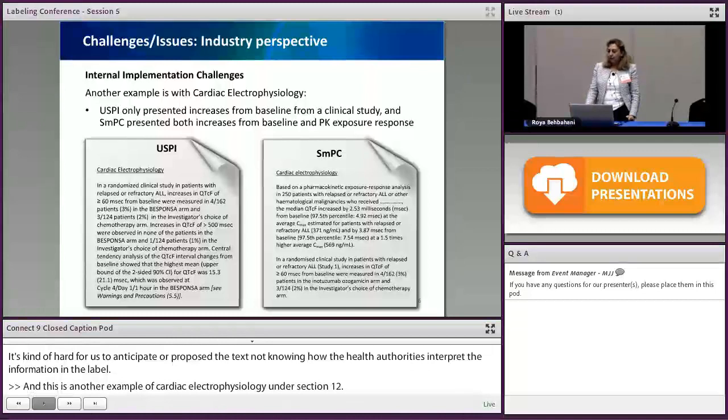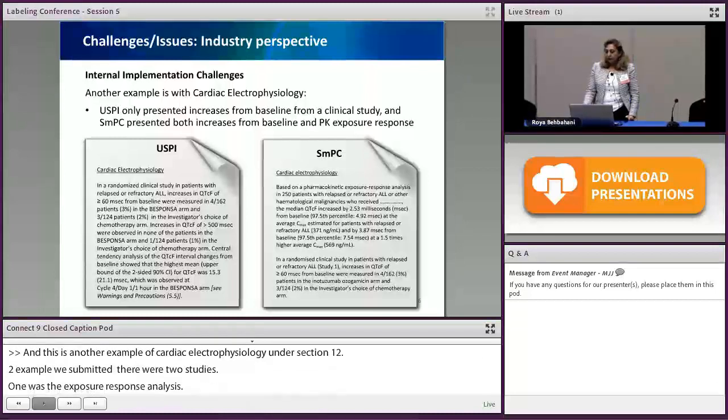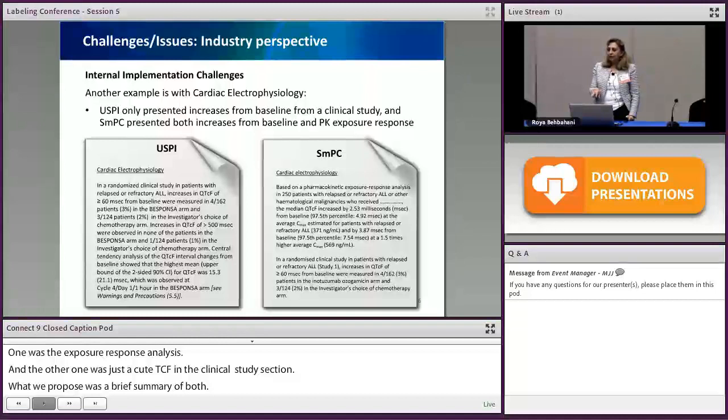One was the exposure response analysis, and the other was the QTc prolongation in the clinical study. So what we proposed was a brief summary of both, the exposure response analysis and the information from the clinical study. And you can see that's what ended up in the SMPC, a summary of both studies.